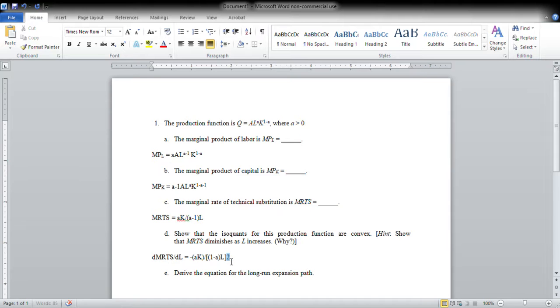Let's make this a superscript. And the reason we're squaring it is because we're working with derivatives.